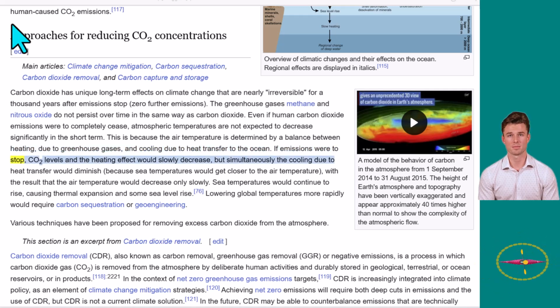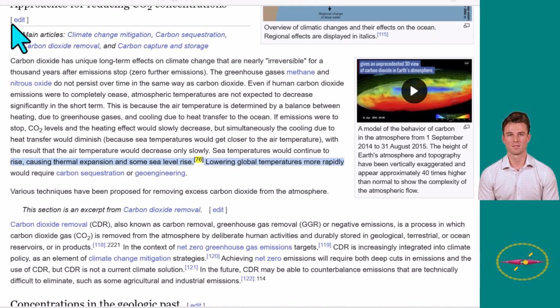If emissions were to stop, CO2 levels and the heating effect would slowly decrease, but simultaneously the cooling due to heat transfer would diminish, because sea temperatures would get closer to the air temperature, with the result that the air temperature would decrease only slowly. Sea temperatures would continue to rise, causing thermal expansion and some sea level rise. Lowering global temperatures more rapidly would require carbon sequestration or geoengineering.